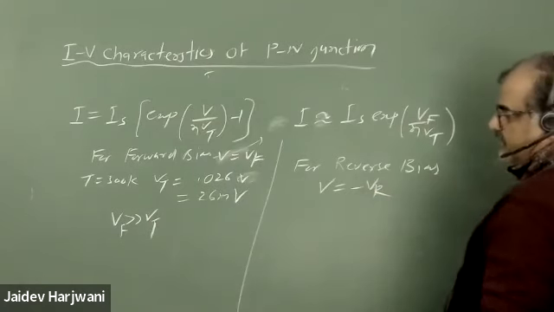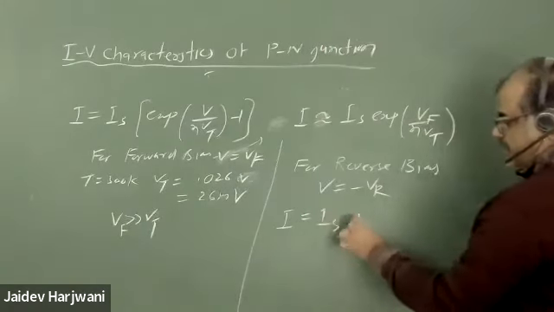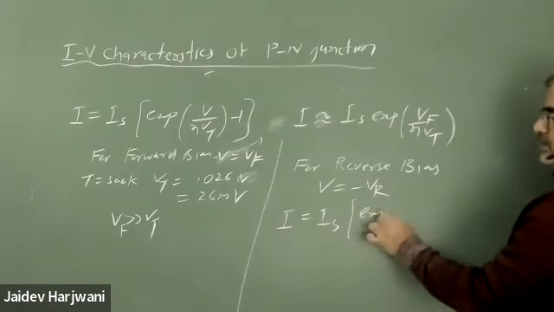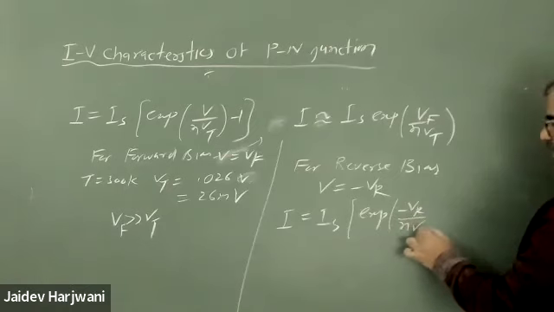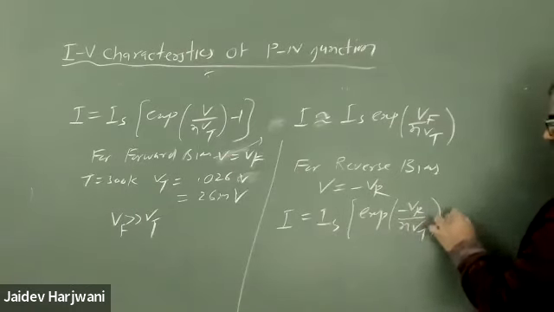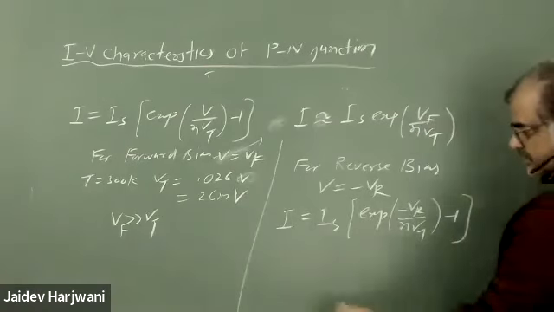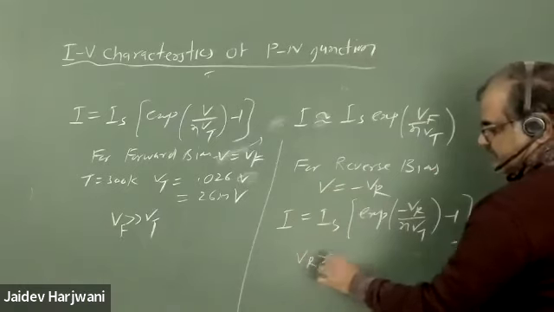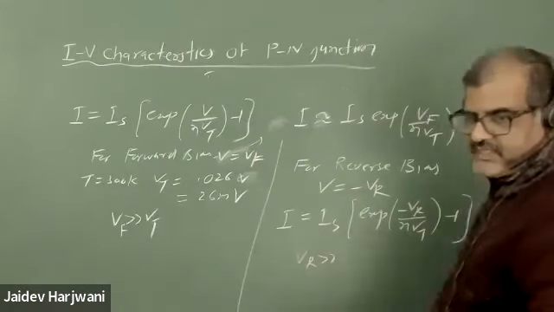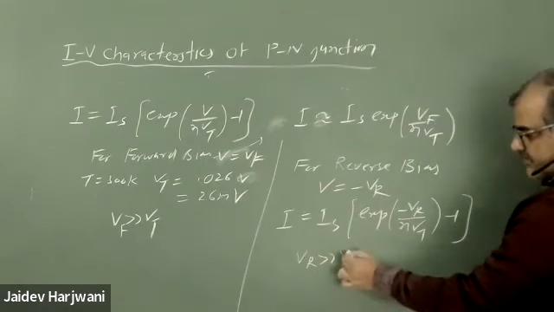And in the case of reverse bias, I can write I equals IS exponential minus VR upon eta VT, minus 1. Here VR is the reverse bias, and we apply very large voltages compared to forward bias, so VR is greater than VT.